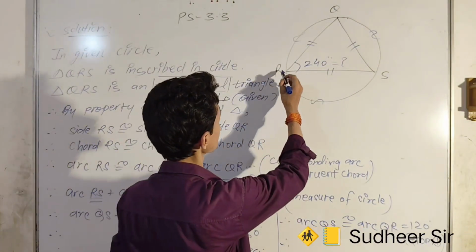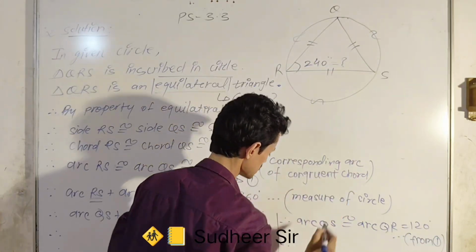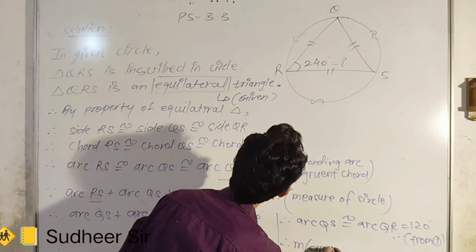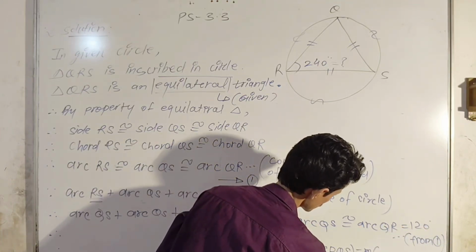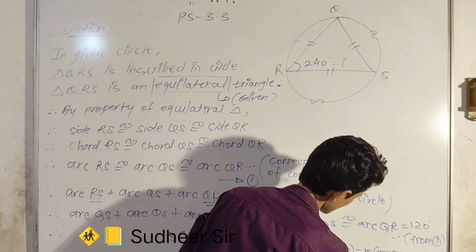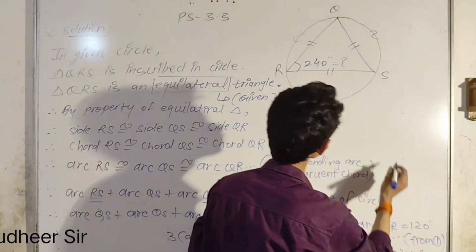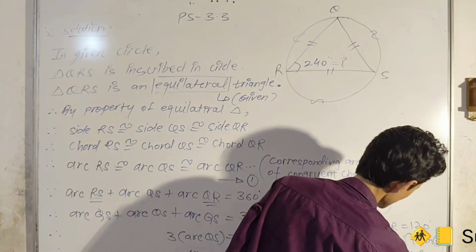Now, as we know that arc RQS is the addition of arc RQ and arc QS. Therefore, measure of arc RQS equals measure of arc QS plus measure of arc QR.